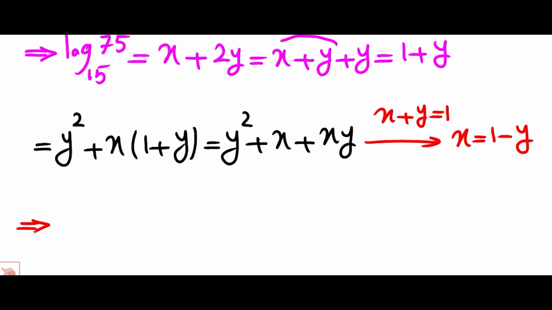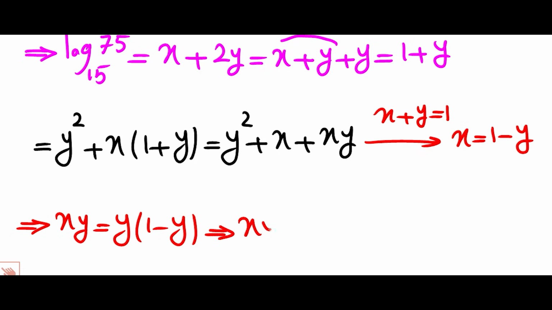Also, xy equals y times x, which is 1 minus y. So xy equals y minus y squared.